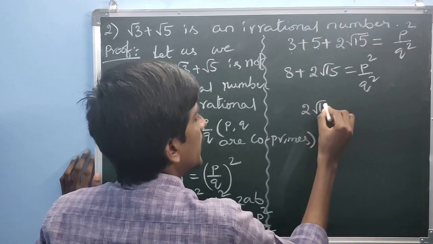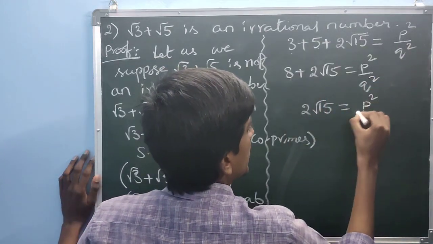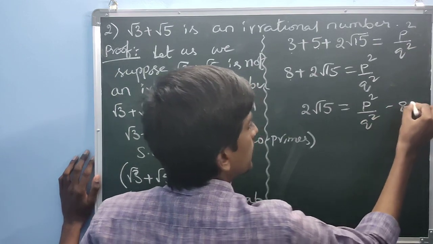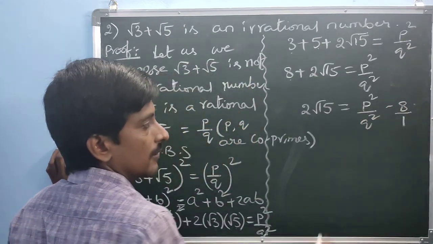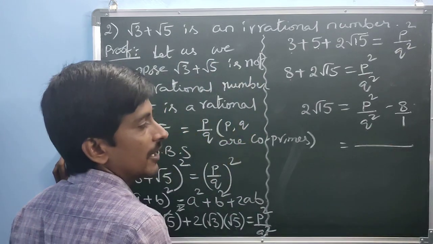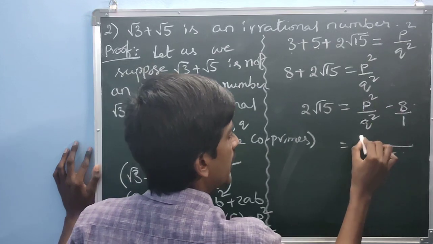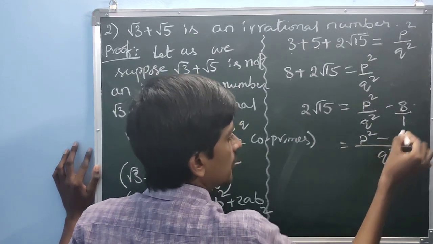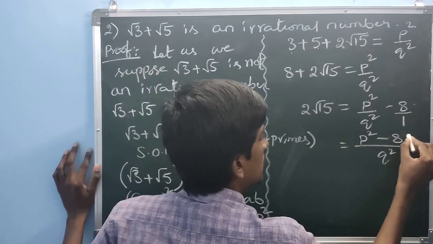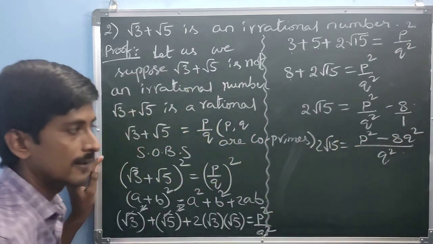2 root 15 equals P square by Q square minus 8, transferring 8 to that side. Taking the LCM of Q square and 1, which is Q square: 2 root 15 equals P square minus 8 Q square by Q square.